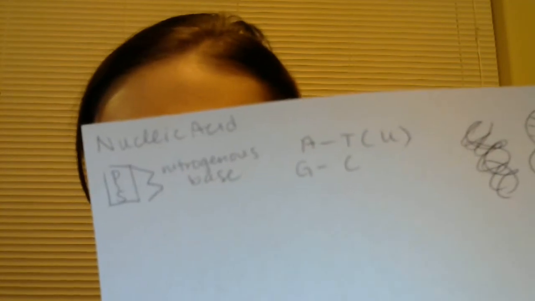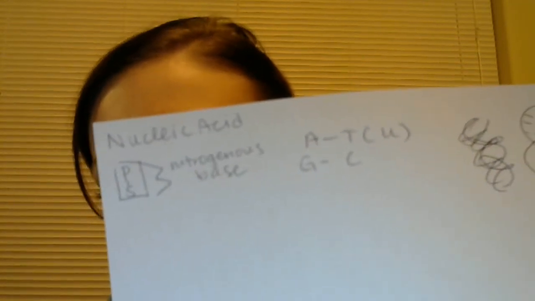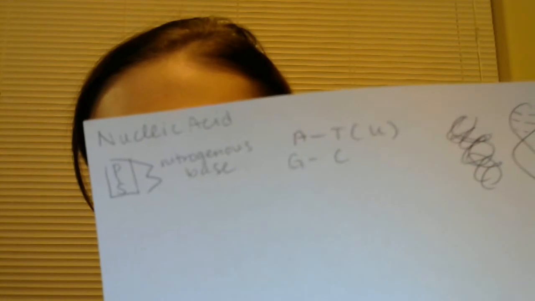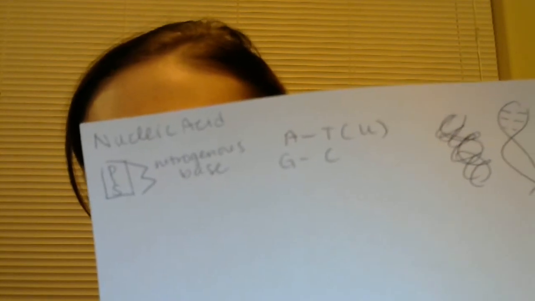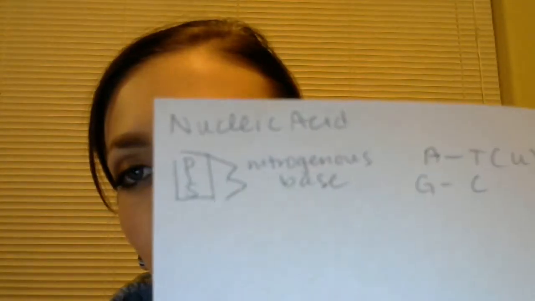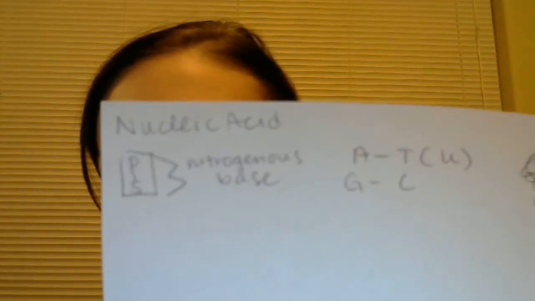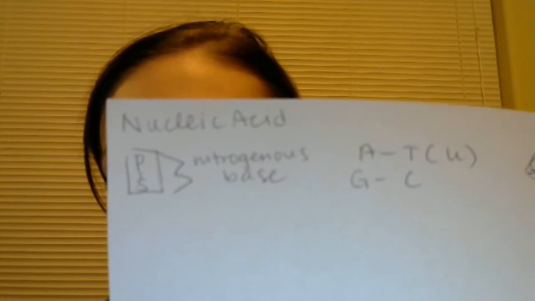There are 4 different nitrogenous bases found in DNA, deoxyribonucleic acid. That is, like, the blueprint for our cells. That's what's telling our body what to make, what proteins, and therefore determines what is going on in all the cells. We have adenine, thymine, guanine, and cytosine.